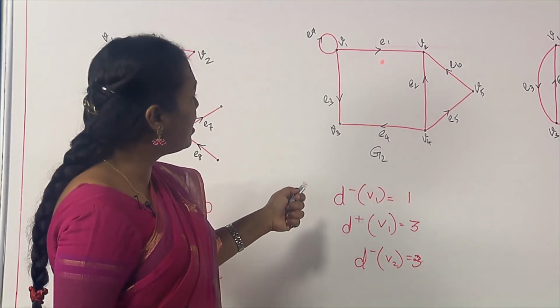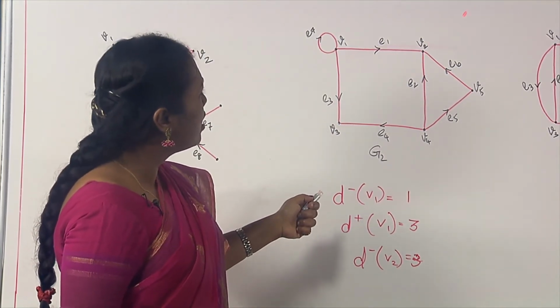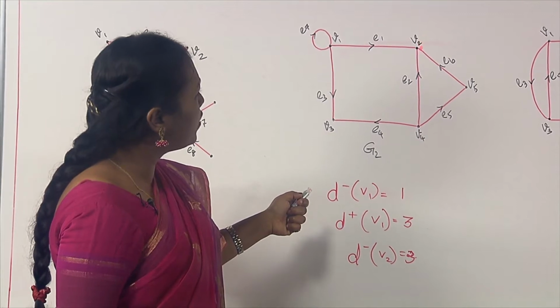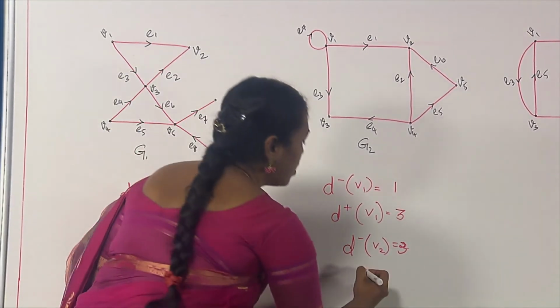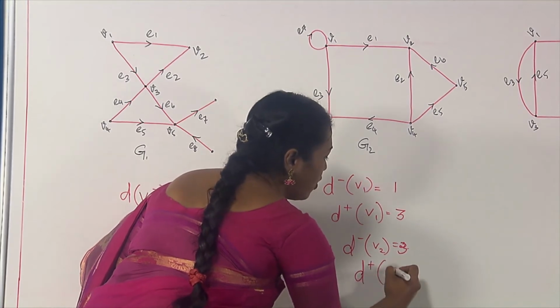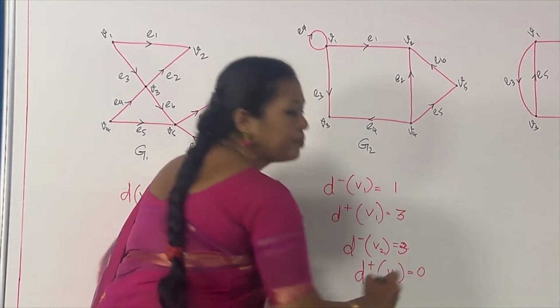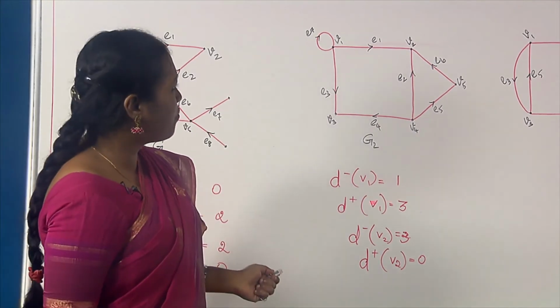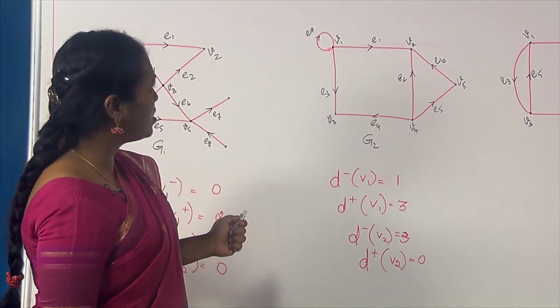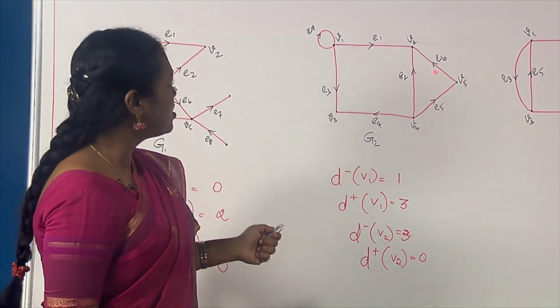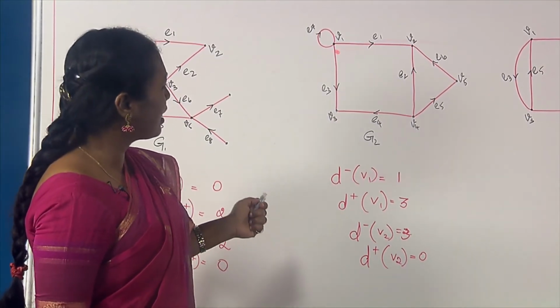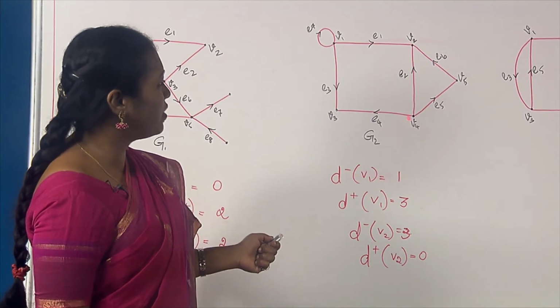So d minus of V2 is 3. Whereas the out degree, if you calculate for V2, none of the edges are going outwards of V2, and therefore d plus, or the out degree of V2 is 0. In this graph, we just calculated the in degree and out degree of V1 and V2. There are other vertices too in this graph. So you can try them on your own. You can calculate the in degree and out degree of these vertices.